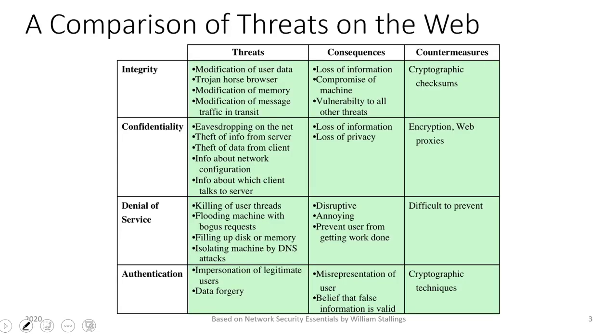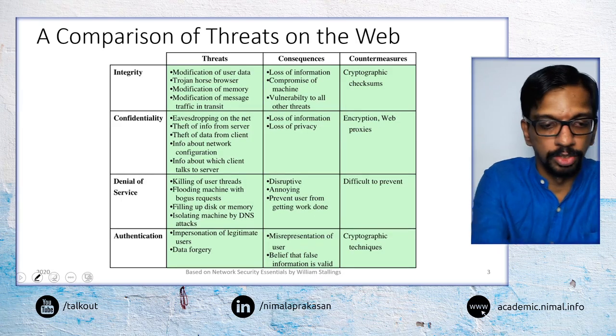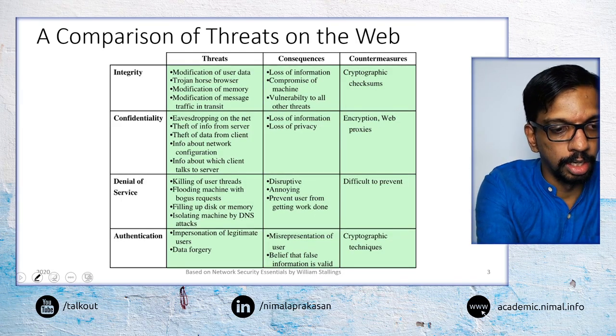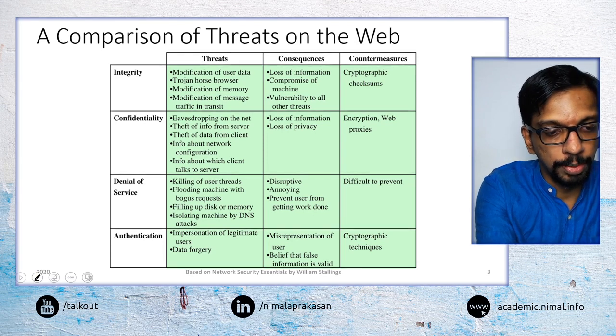So, when we think about the type of threats, and what are some of the consequences and also countermeasures that we can have, particularly in the case of web, we may start with the example of integrity. These are some of the basic properties that we have previously discussed as well.